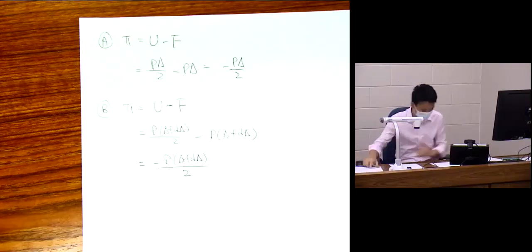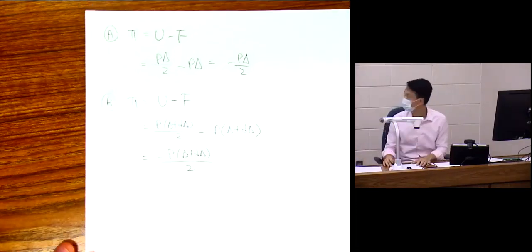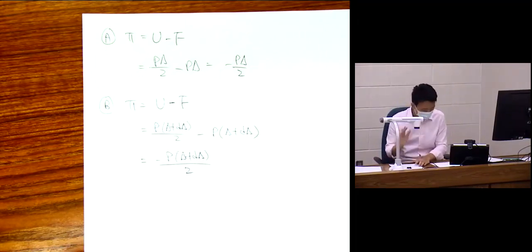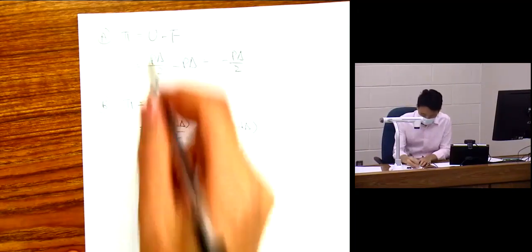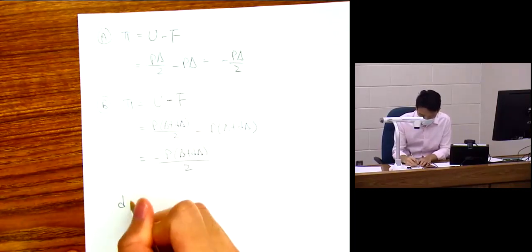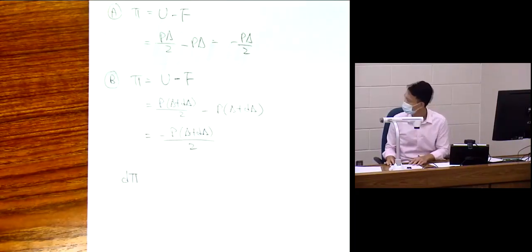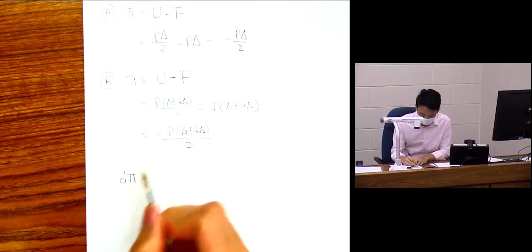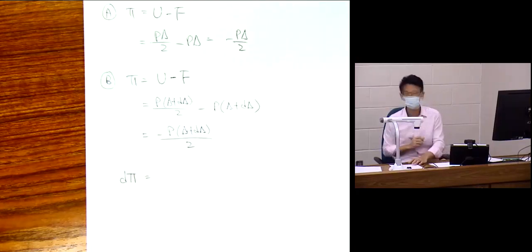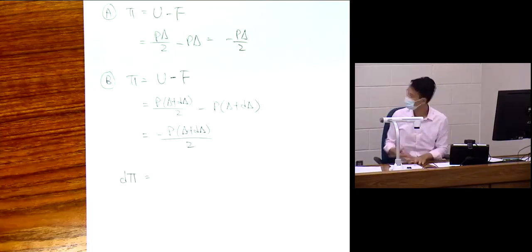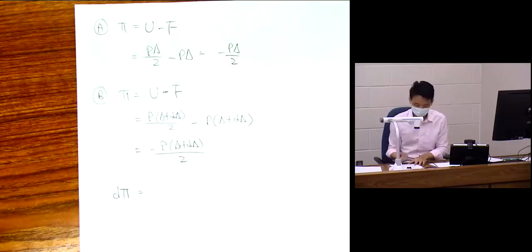Now, let's put all these things together. What we need is the change in delta, because we are doing two configurations. I'm calling it d pi. d pi is just the difference between the two pi's in two different configurations.